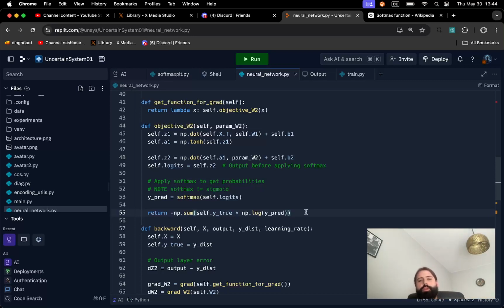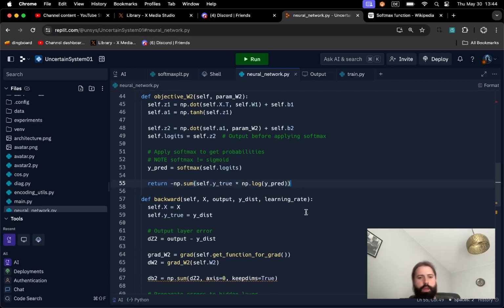With respect to W2, am I using this correctly? So I am calculating the gradient, and then the gradient function here, right?